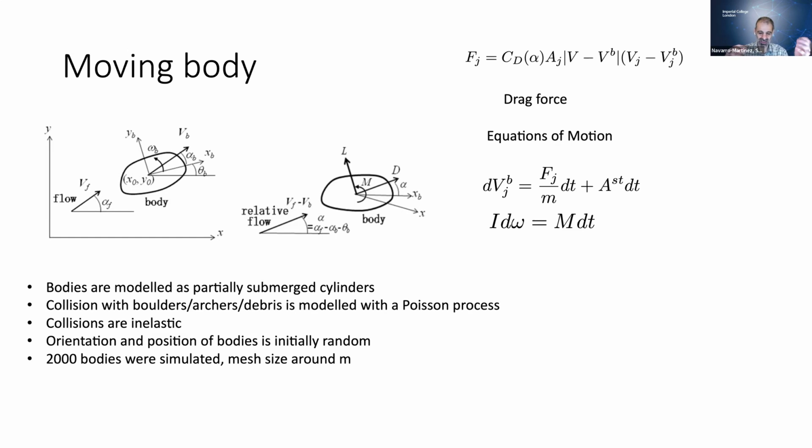That was the easiest way to model. The key thing here is that the body is allowed to collide with boulders and with arches. And basically, we group all these using a Poisson process. So every now and then, with an expected rate, the body will collide and it will change trajectory and lose a little bit of energy.